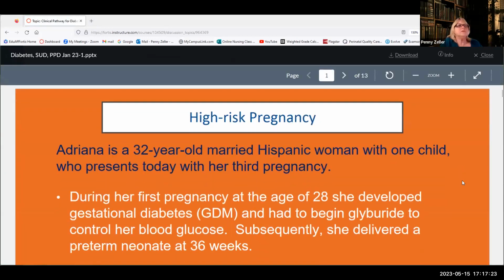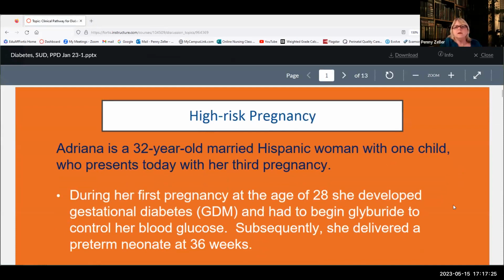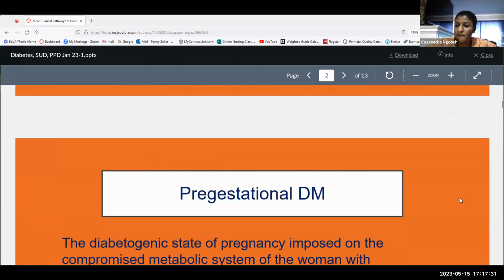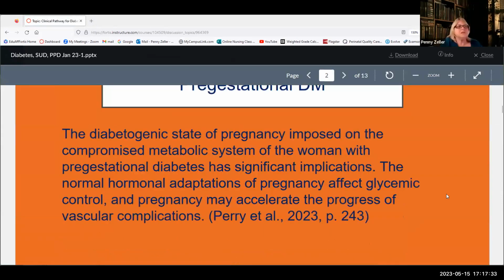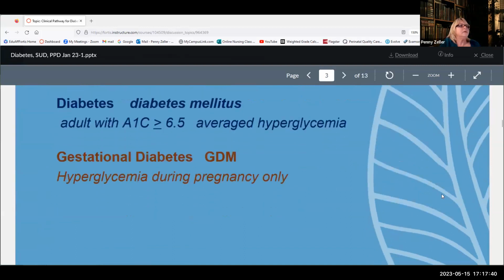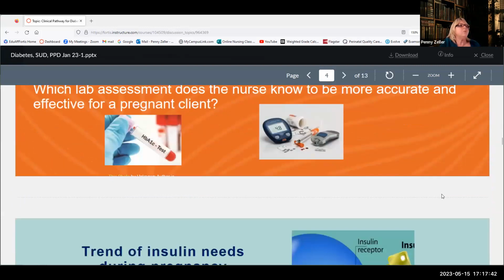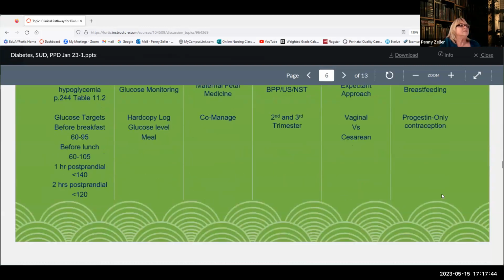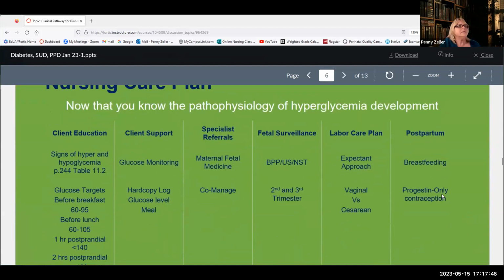So you can download this. High-risk pregnancy: we're talking about a Hispanic client with pre-gestational diabetes, in other words, type 2, or she could have type 1. You can go through this, but what I want you to see is the care plan.